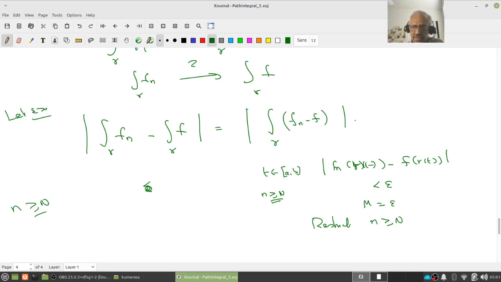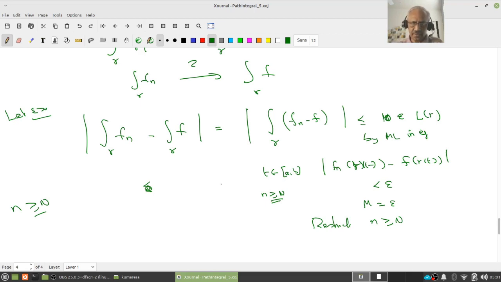Then this is less than or equal to M times the length of gamma, by the ML inequality. Sorry, not M times epsilon. My M is epsilon, therefore it's epsilon times the length of gamma. Are you following?